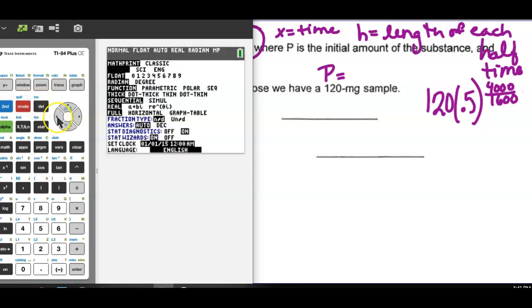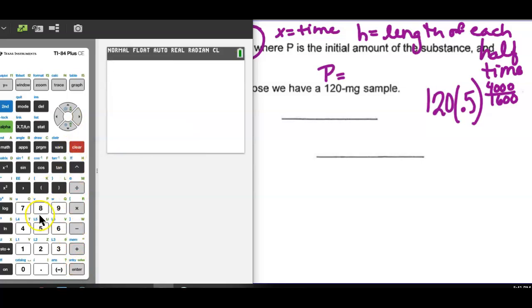I think I can even show you that. I haven't done this for a while for you guys. But I think, no, it's at the top. Just kidding. I think if I put this in classic mode, and I were doing that problem, 120 times 0.5 to the power of, and then you would have to put in parentheses because it's not going up in that little box.